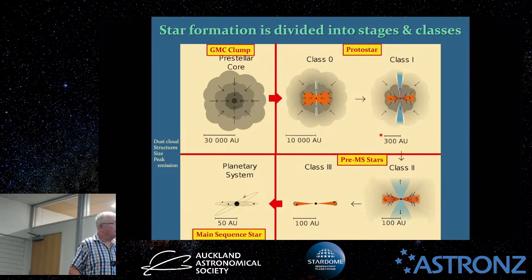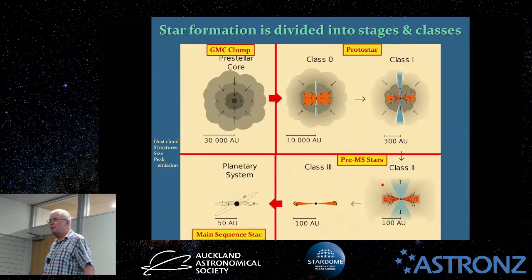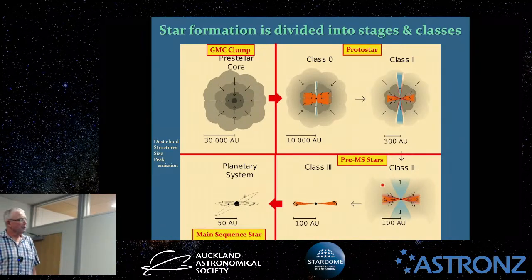Class 2, you're now getting down to the near infrared wavelengths, which is up to about 5 micron wavelengths. And then you get into class 3 and even some of the class 2s as well. You can see all these invisible wavelengths now. And probably one of the take-home messages right now is that what defines a protostar from a pre-main sequence star is that the protostars are still enshrouded in thick dust.